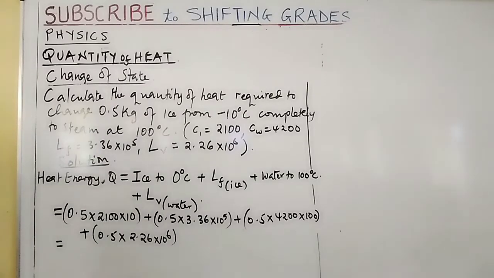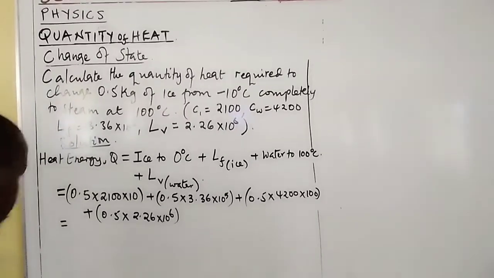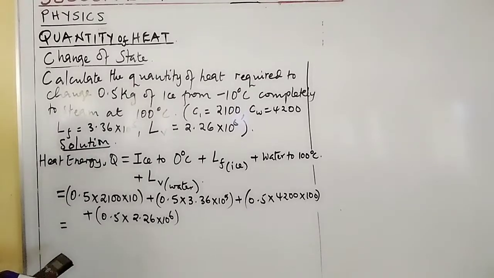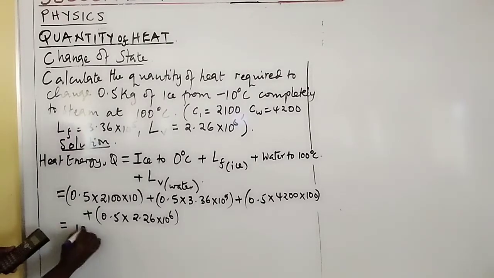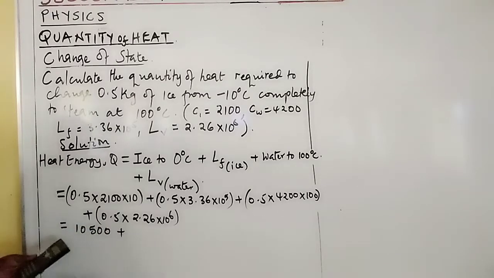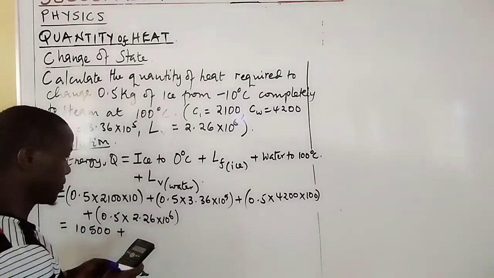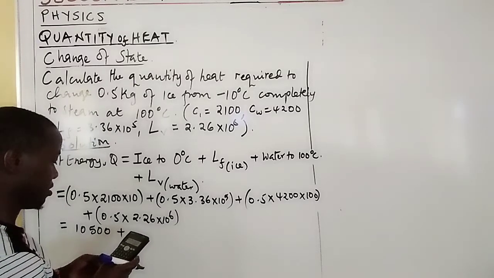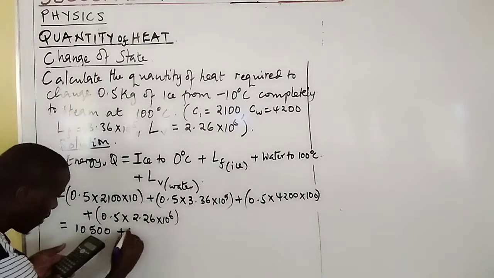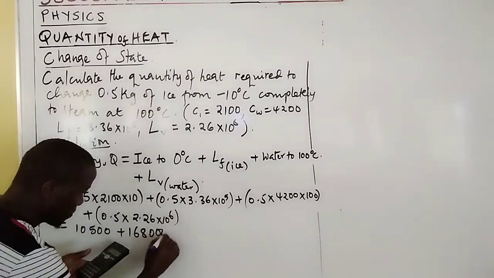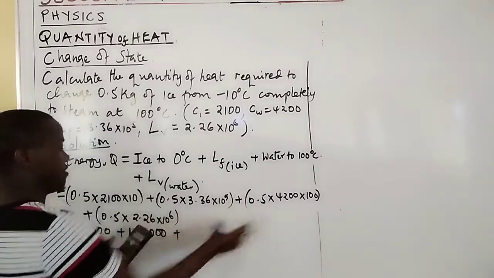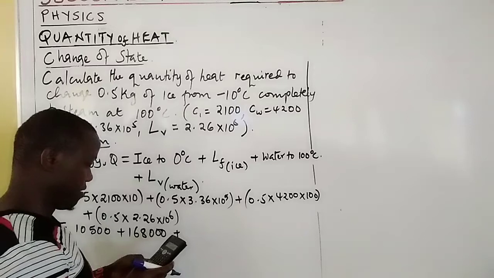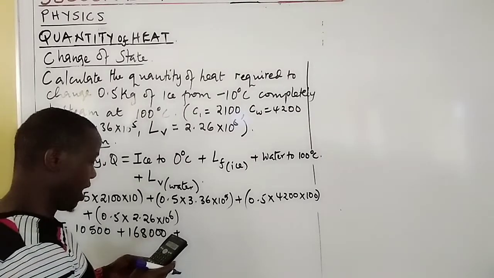So that it turns to steam. So 0.5 times 2100 times 10 gives us 10,500, plus here 0.5 by 3.36 times a million, no, 100,000, which is 168,000, plus at this level 0.5 times 4200 times 100.